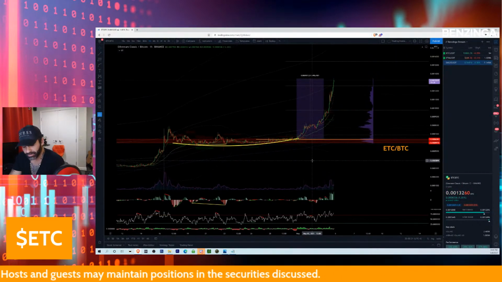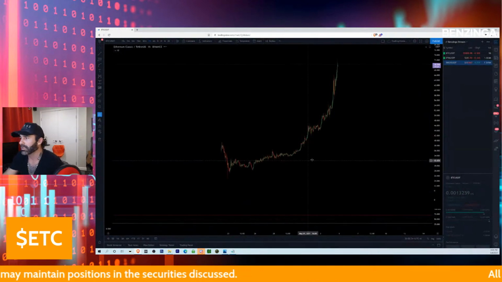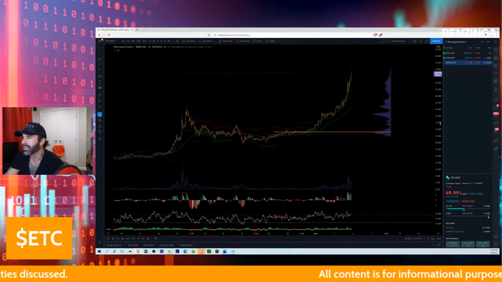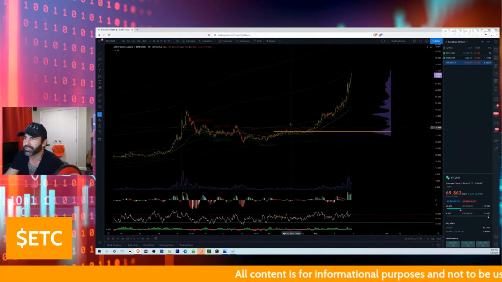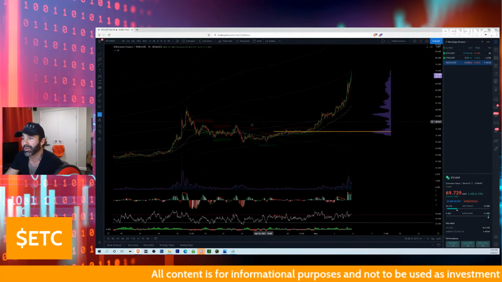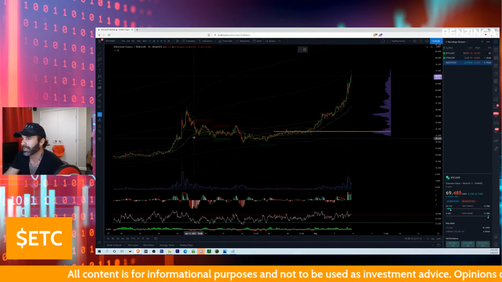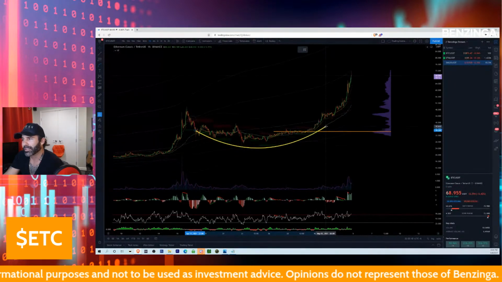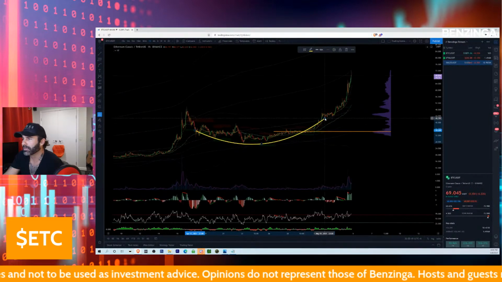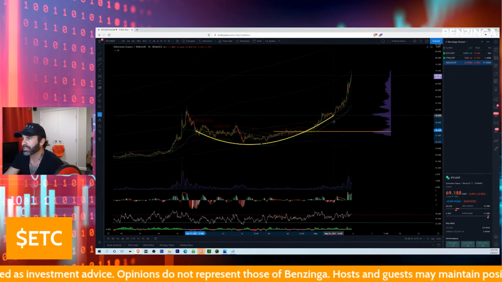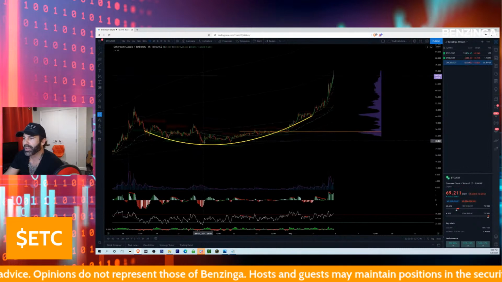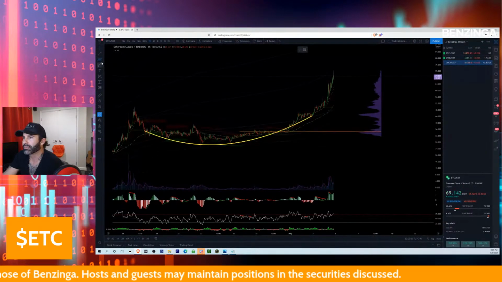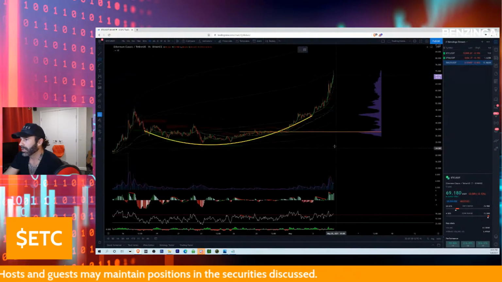I use those Bitcoin pairs as maybe a confirmation. If you start seeing a markup on the US dollar pair and you look at the Bitcoin pair and it's telling you the same thing, it can give you an edge, at least in my opinion, because if it's marking up on both charts, you're going to start seeing some higher prices, of course.